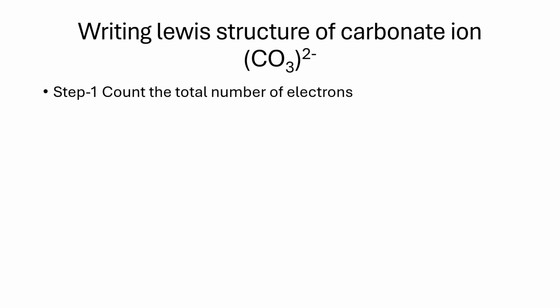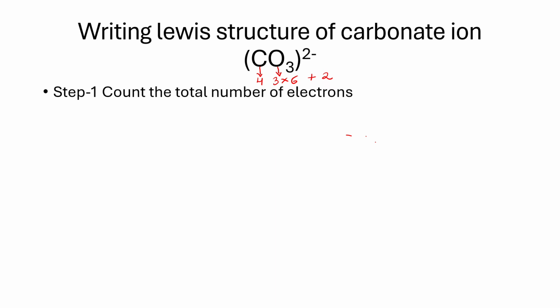Alright, so this has a carbon atom which has four valence electrons. It has three oxygen atoms, each of which has six valence electrons, and we have an overall charge of -2, which means these two electrons have to be added on.